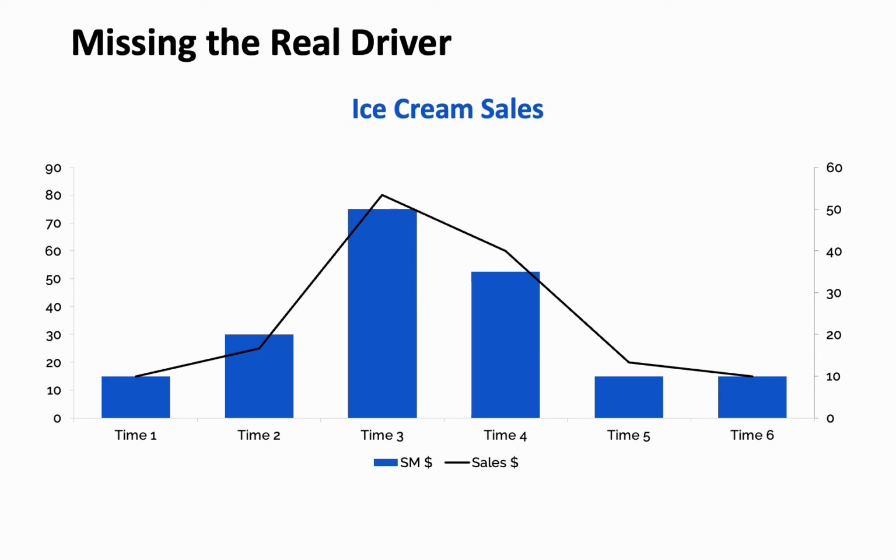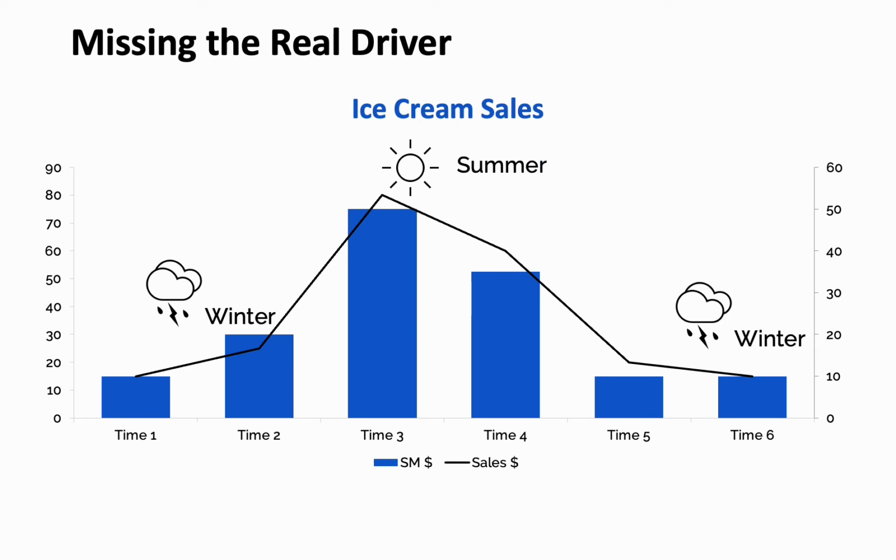And the insights manager took out his Sharpie and scribbled onto it, winter, summer, winter. So what we saw in this case was the summer increased the sales of ice creams, and the increase in the number of people looking to buy ice creams increased the spending on social media, which was aimed at moving people away from one brand to another brand.